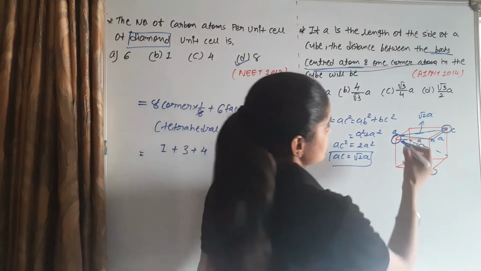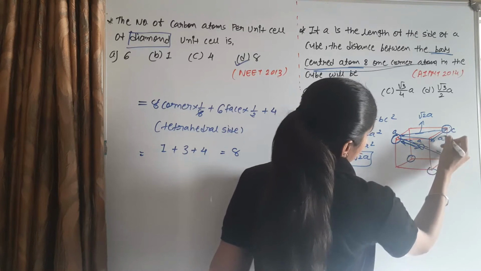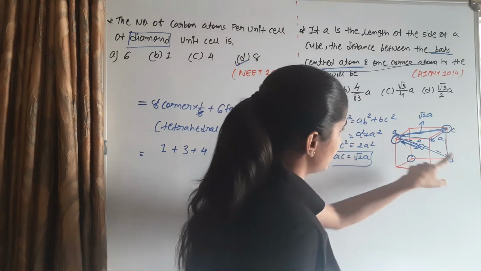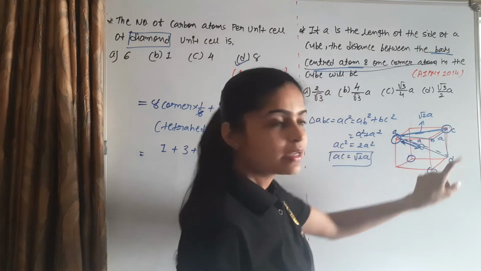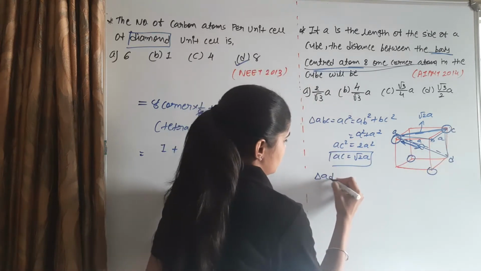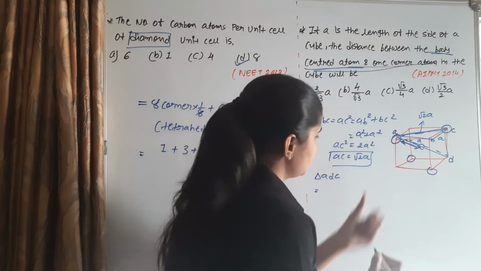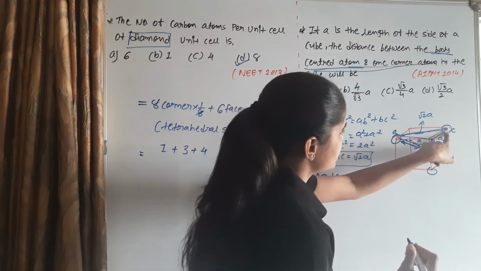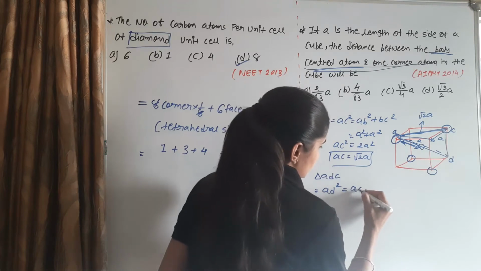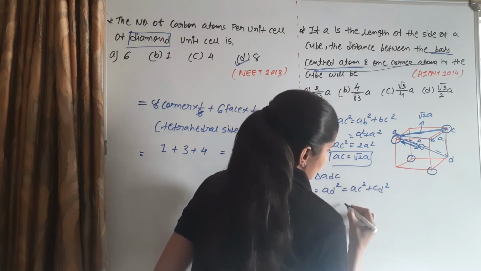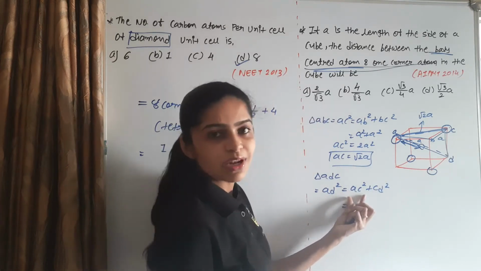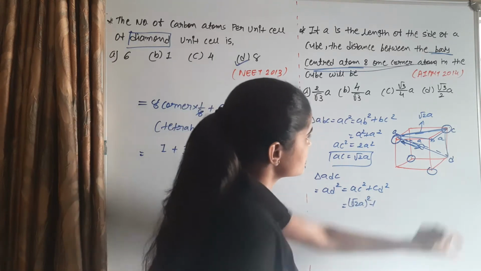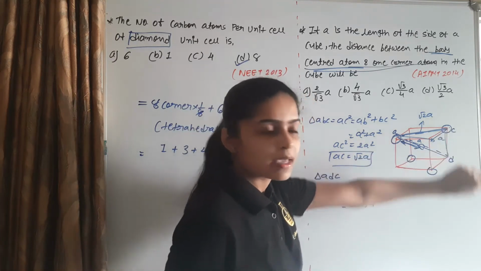Then consider triangle ADC. AD² = AC² + CD². We know AC is √2 a, so its square plus CD, which is the edge length a, squared: 2a² + a² = 3a². So AD² = 3a², and AD is equal to √3 a.